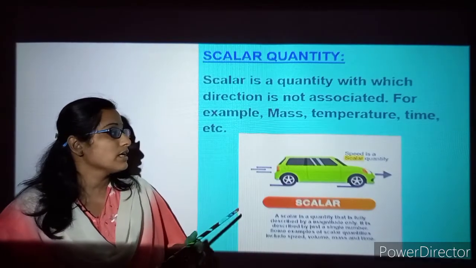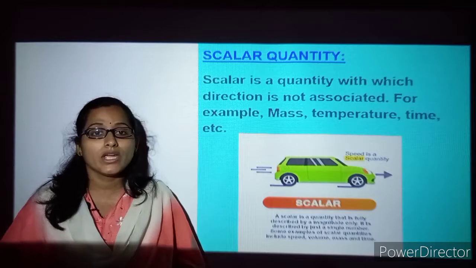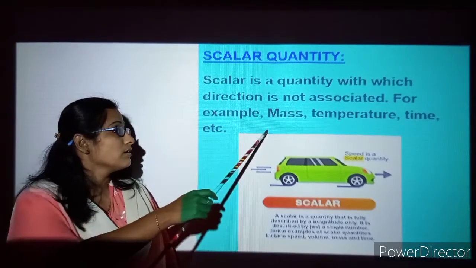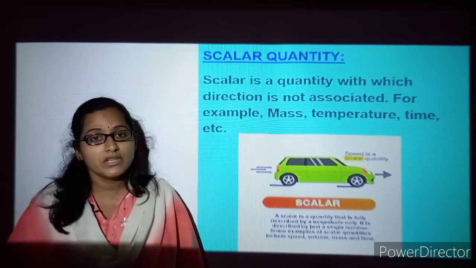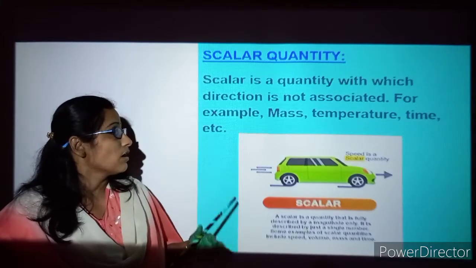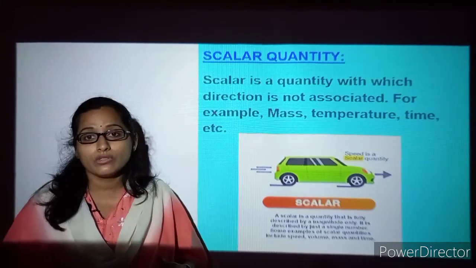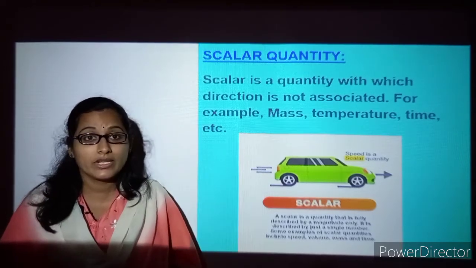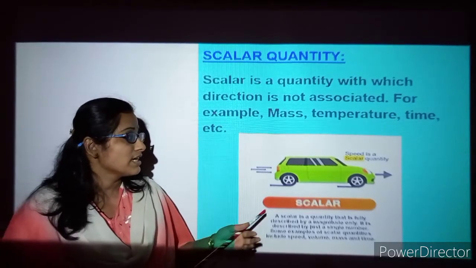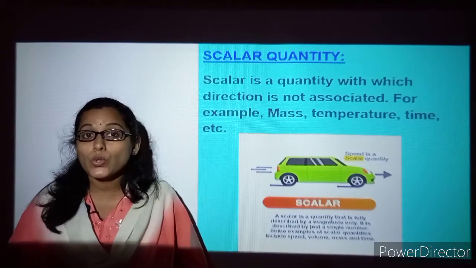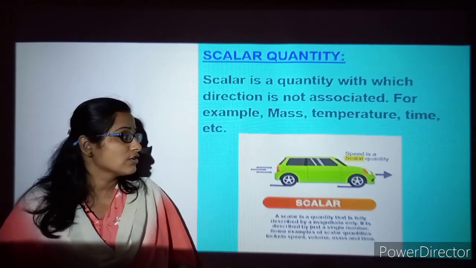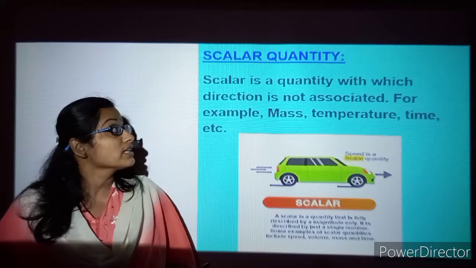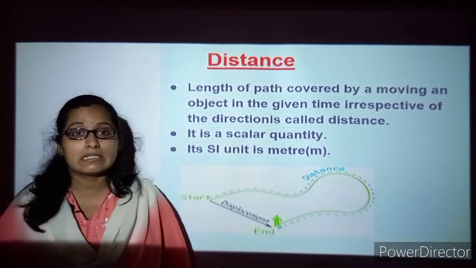Because here you can see that speed can be varied. Another example is mass, temperature, time, etc. Time also is not related to any direction, mass is not related to any direction, and speed also is not related to the direction of the car.